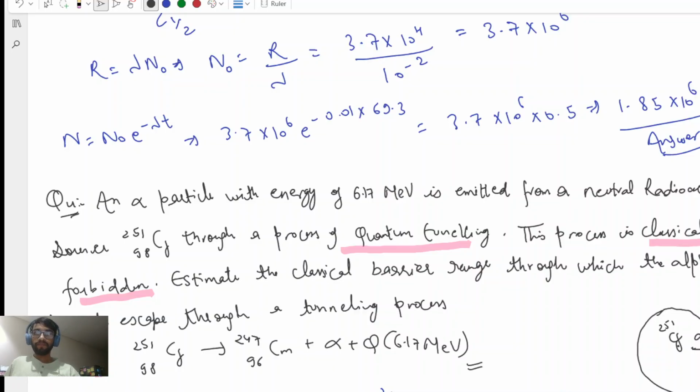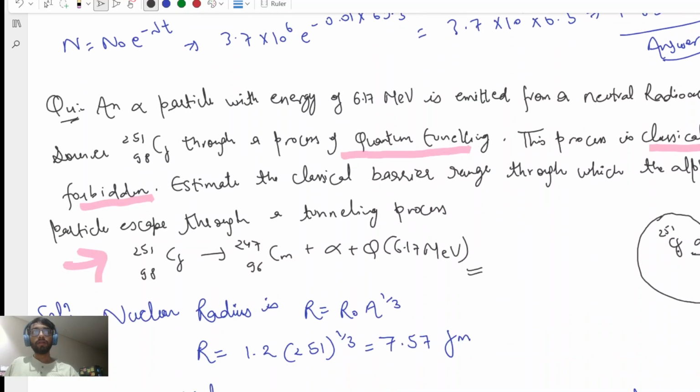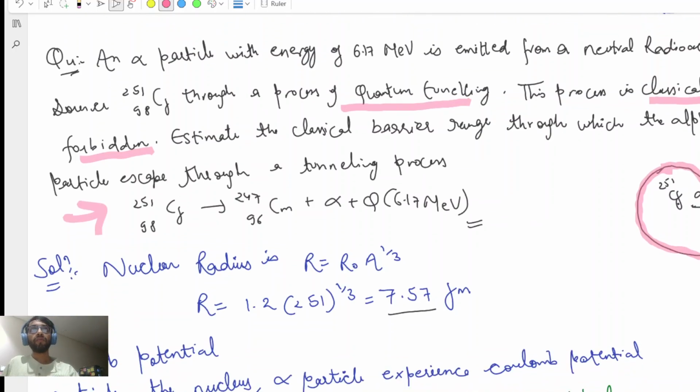So let's see. First we will calculate the radius. The radius is calculated as r equals r naught A^(1/3). This is the radius of this atom. Now we will calculate the potential range.